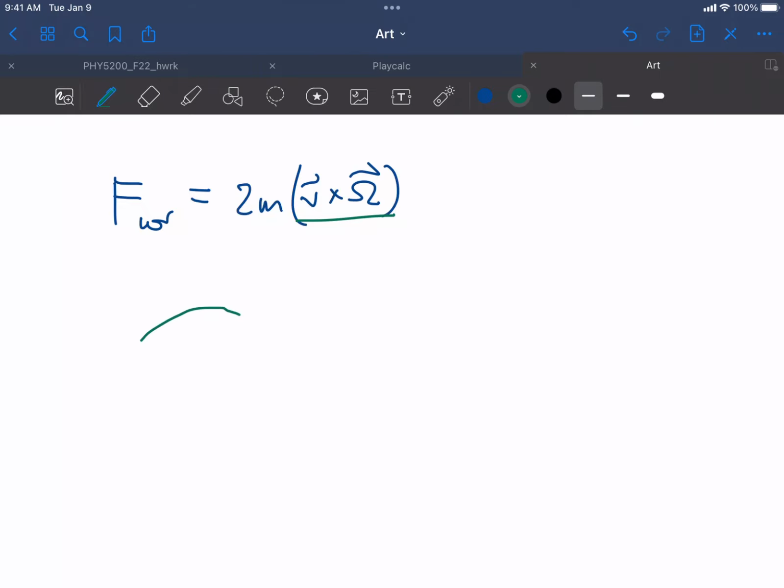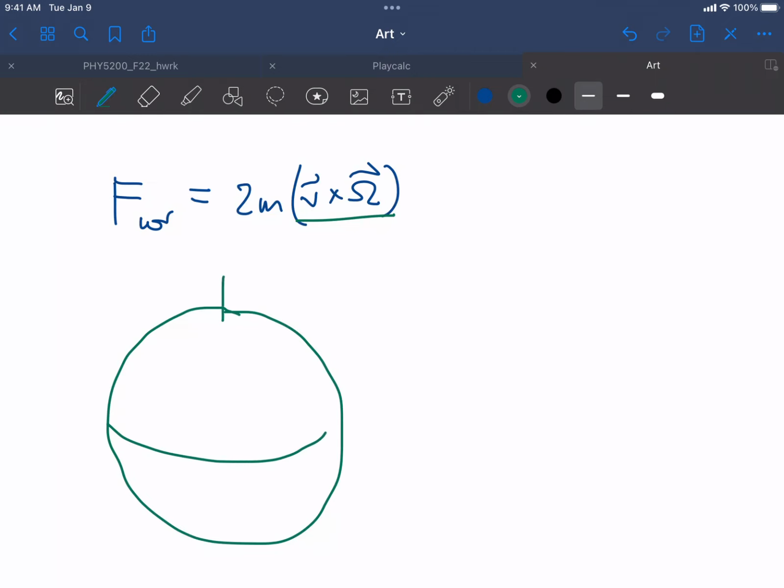Let's imagine the Earth again, and it is rotating in this direction. It is rotating this way, and the spot that's behind the Earth, behind this picture that I can't see, is rotating that way. That is the sense of this.